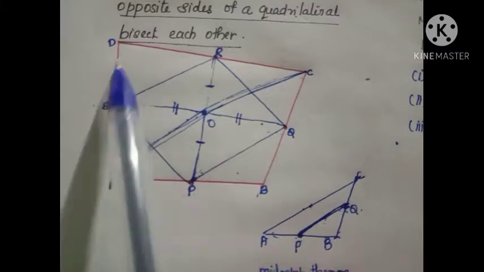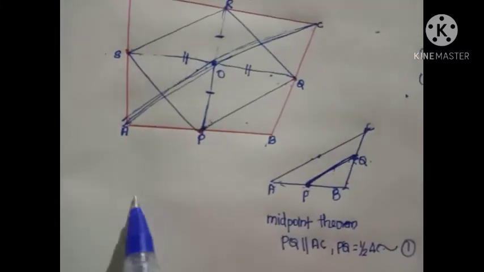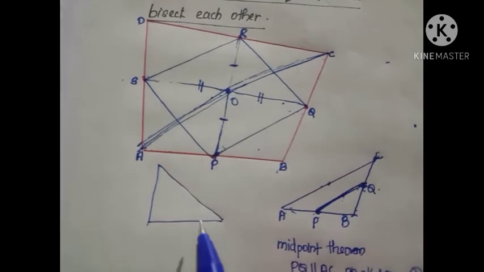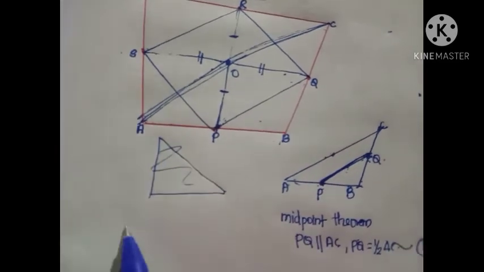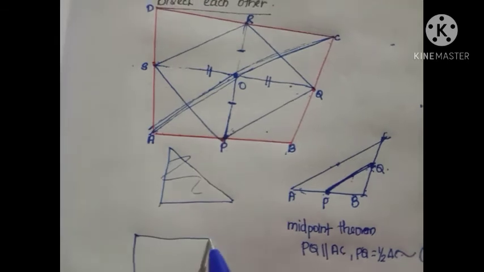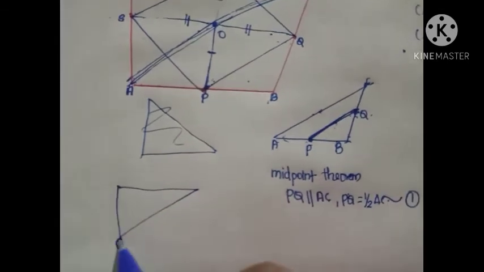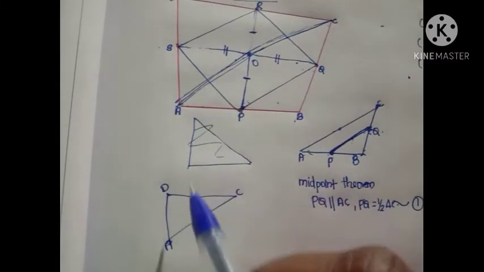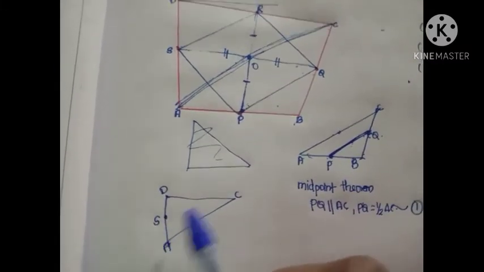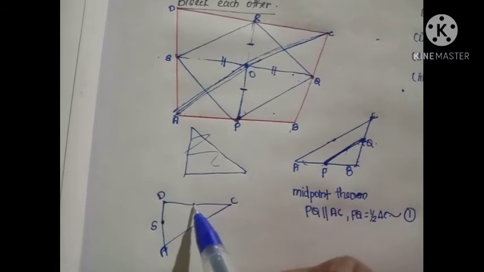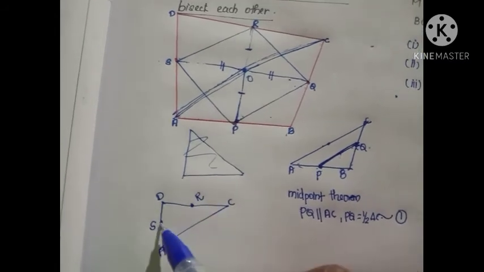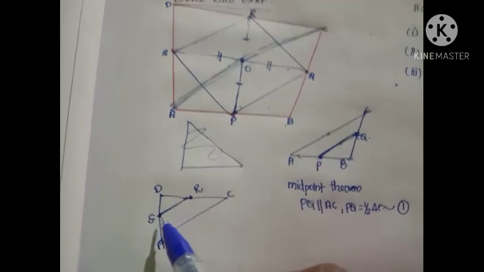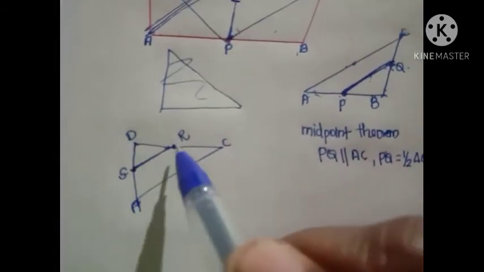Similarly, consider this triangle ADC. Now listen, S is the midpoint of AD, R is the midpoint of DC, and this line SR is the line segment joining the midpoints of these two sides.